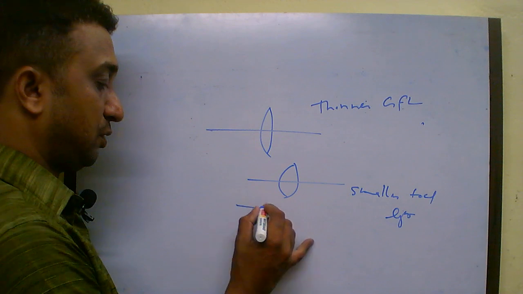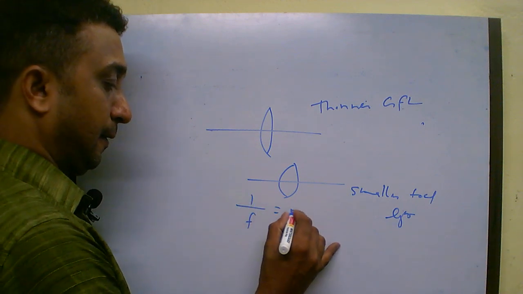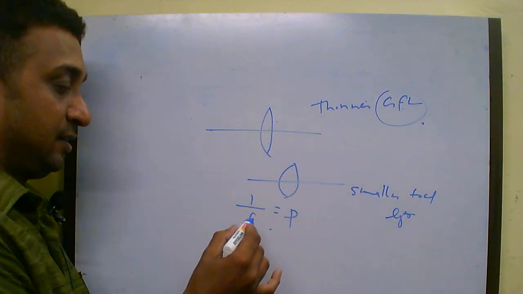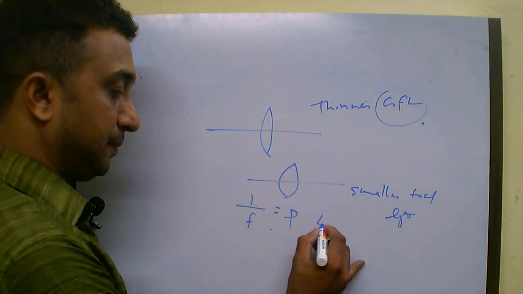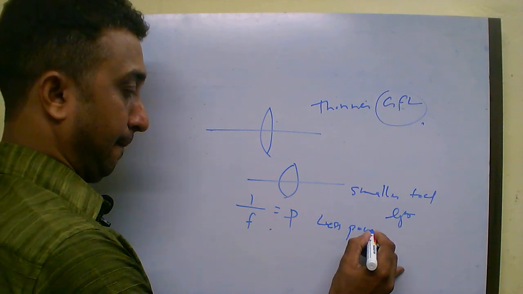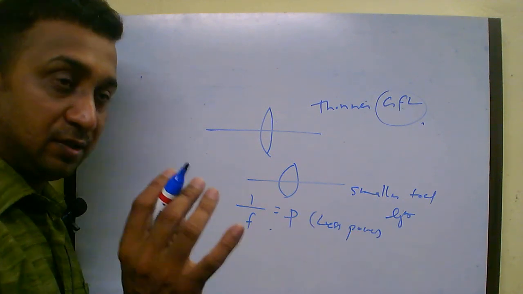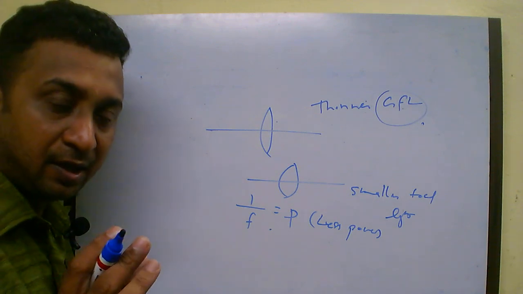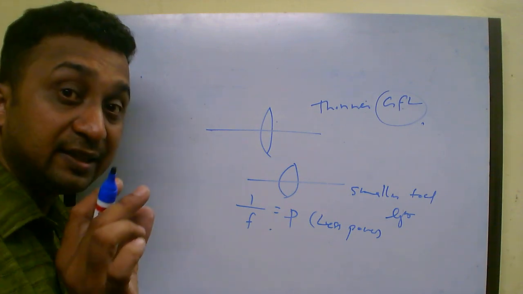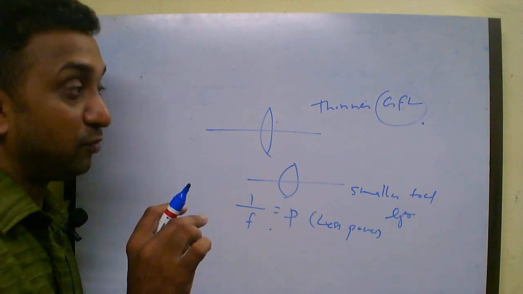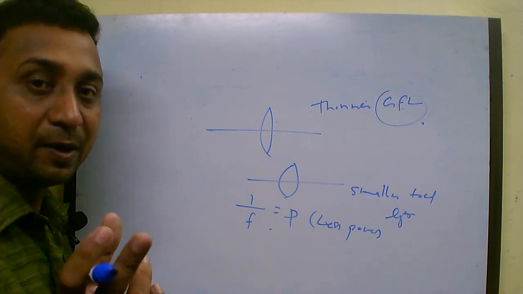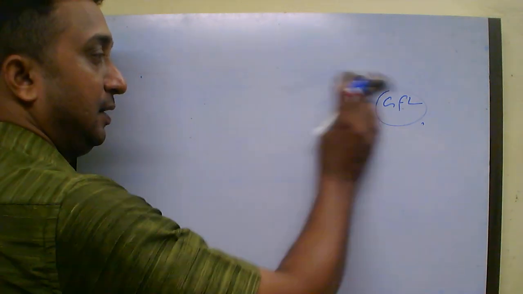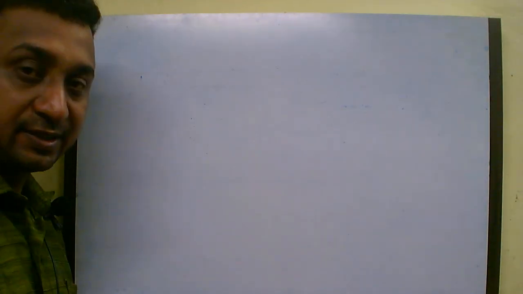So power is equal to 1 by f. The one with greater focal length, the thinner lens, will have lesser power. A thick lens means larger power and smaller focal length. A thin lens means more focal length but less power. I am saying this in terms of the convex lens.